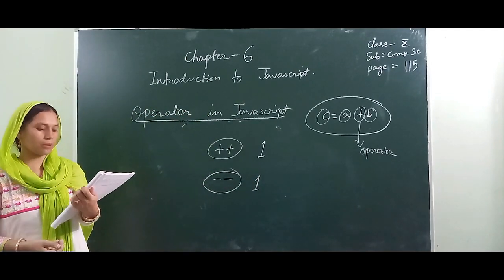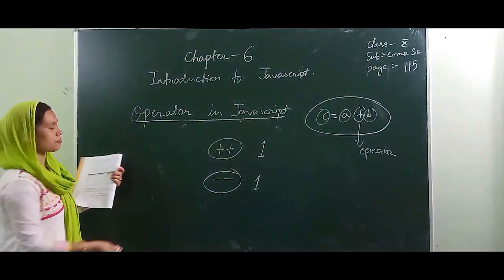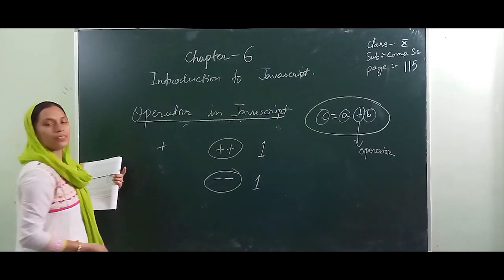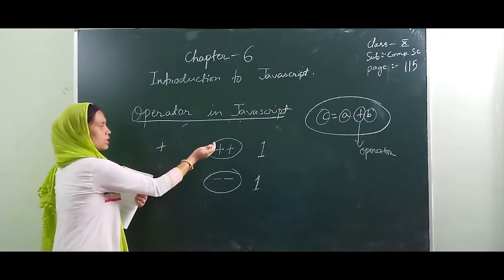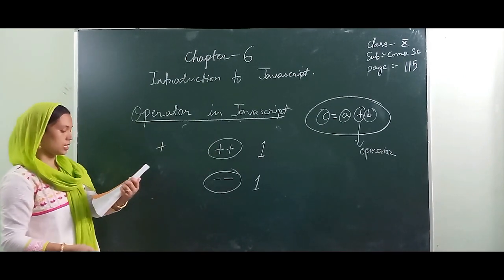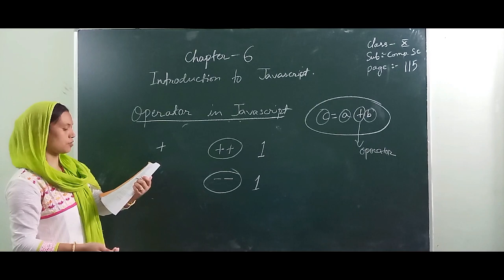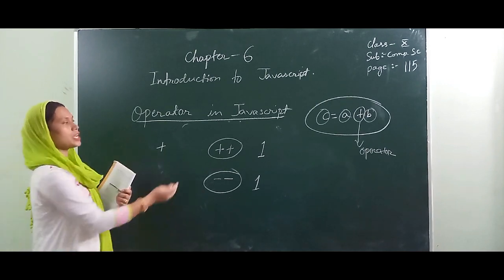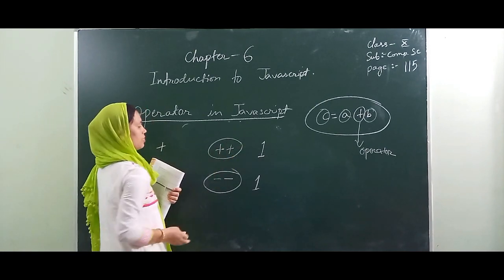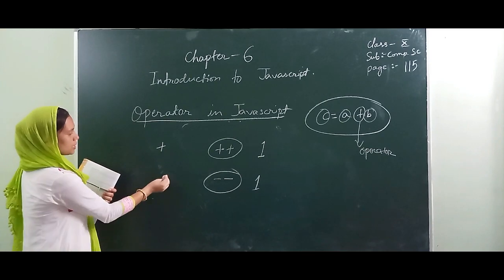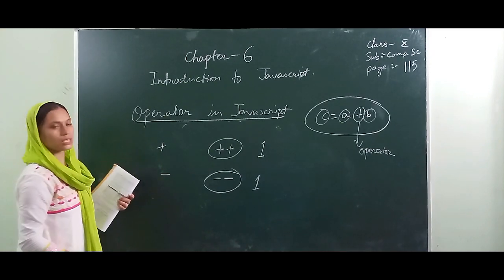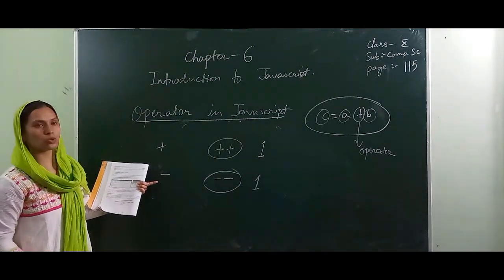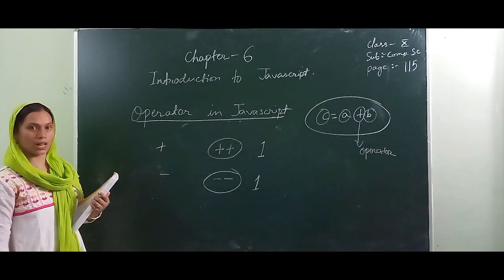That means in the arithmetic operator you have already seen plus, and that plus is used only for addition. But here, the double plus, or increment operator, will increase the value by 1. In the arithmetic operator, you have already seen the single minus, which is used for subtraction of a variable.